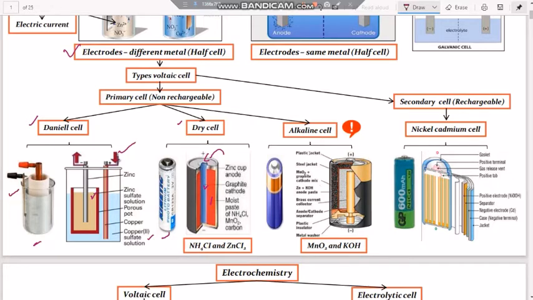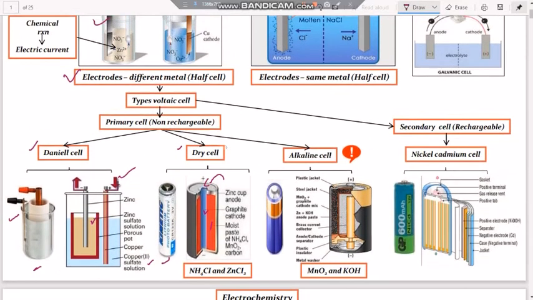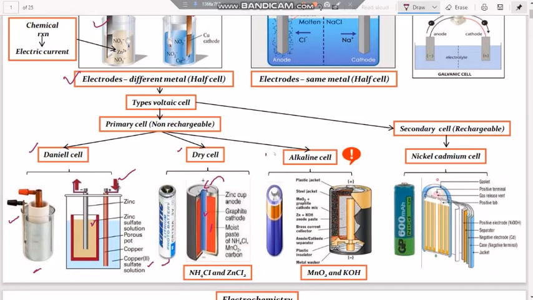Another type of non-rechargeable cell is the alkaline cell. In this we have a plastic jacket, and a steel jacket present around it. Like we said earlier, manganese dioxide is nothing but a cathodic polarizer.